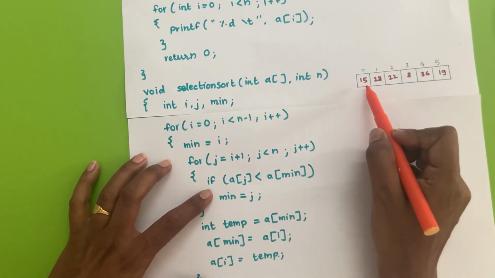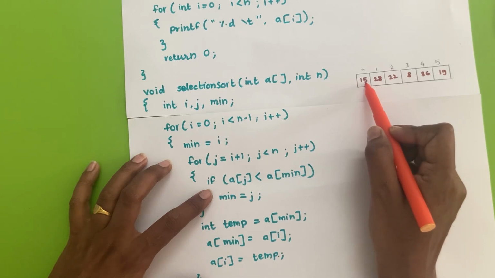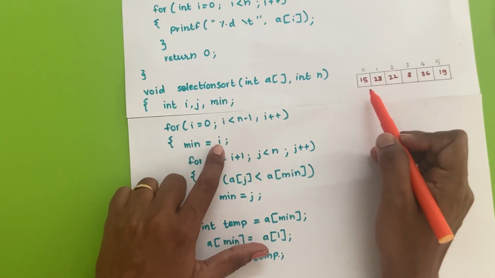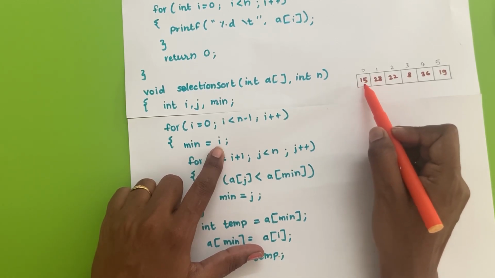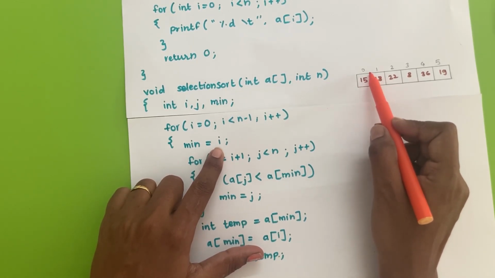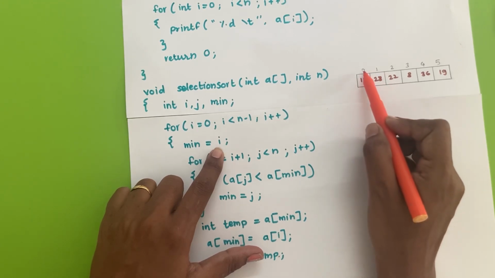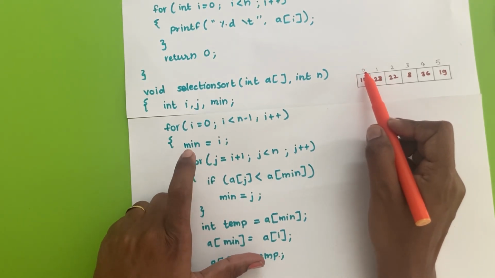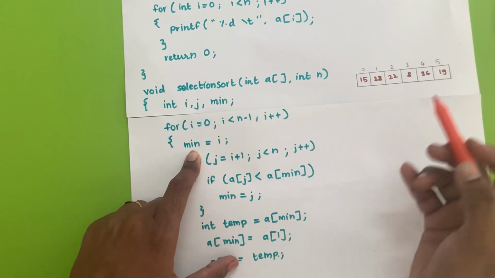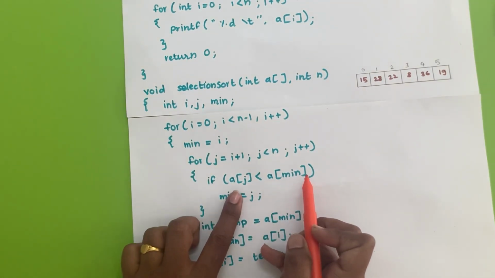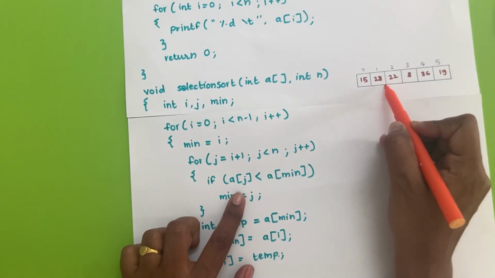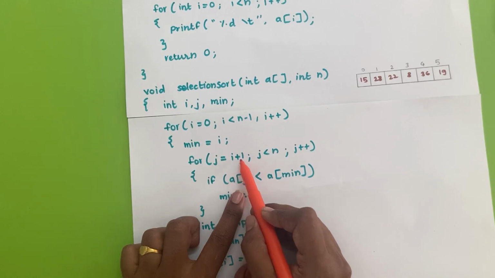So first we have assigned the value of i equal to 0. Okay, so the first element will be considered as the minimum element and its index will be stored in variable min. Okay, so if a of j is less than a of min, so j is starting from the next element of i, means i plus 1.